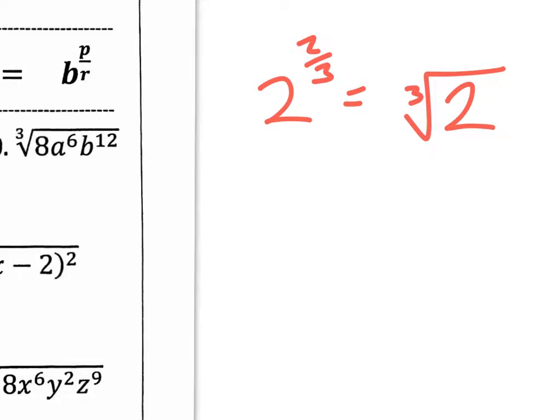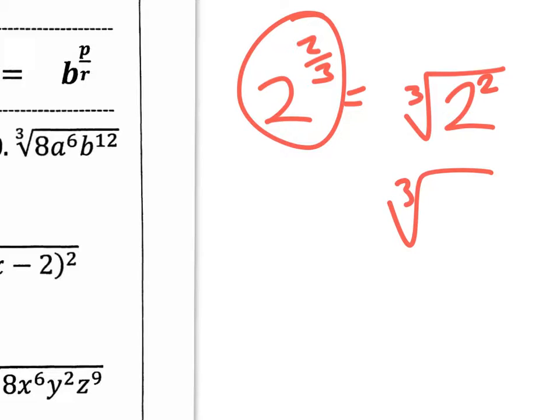So that's the third root of 2, but it has a power up here. So it's really the third root of 2 squared. So 2 to the 2/3 power is really the third root of 4. Does that make sense?